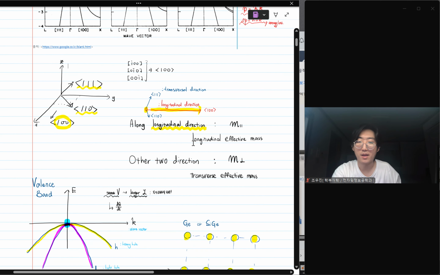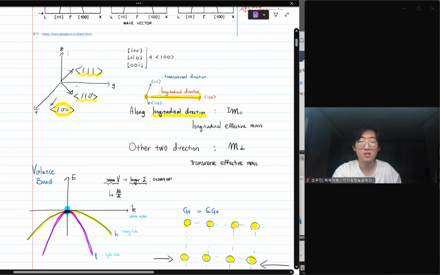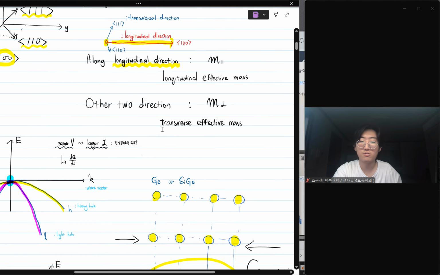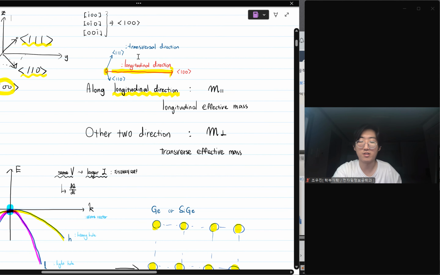We also learned about the longitudinal direction and the transversal direction. We express the longitudinal effective mass with this symbol: M means mass, and this subscript means longitudinal. For the other two directions, the transversal direction, we use M with a perpendicular subscript, and this expresses the transverse effective mass.